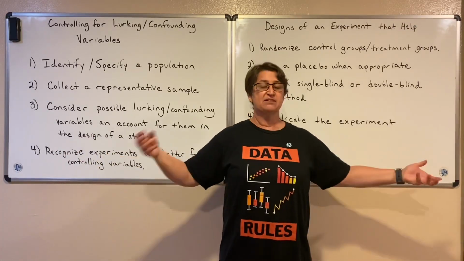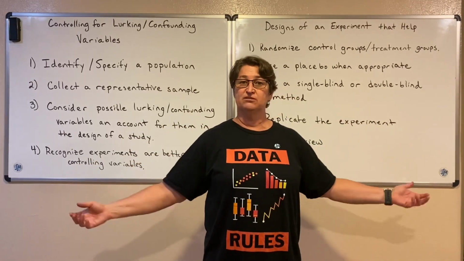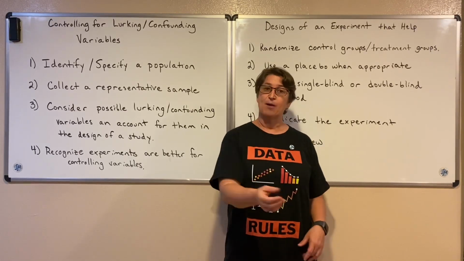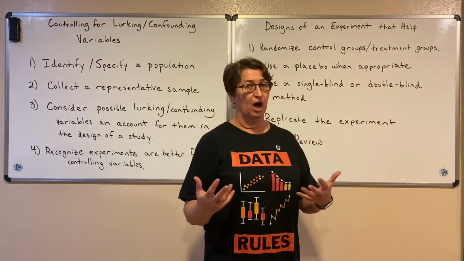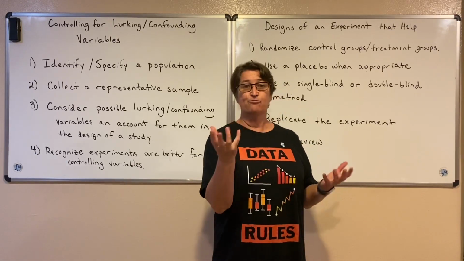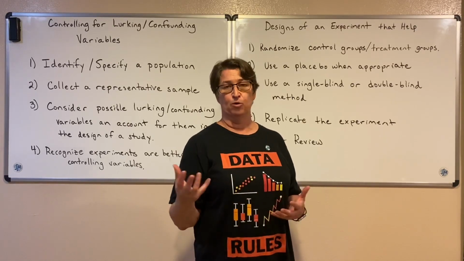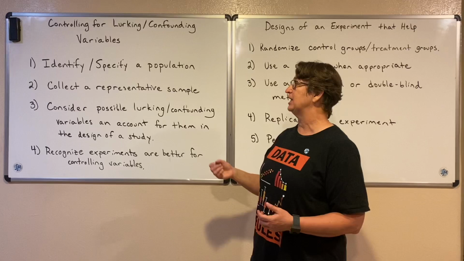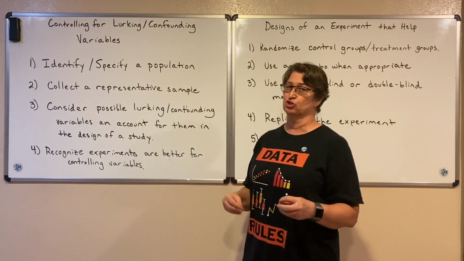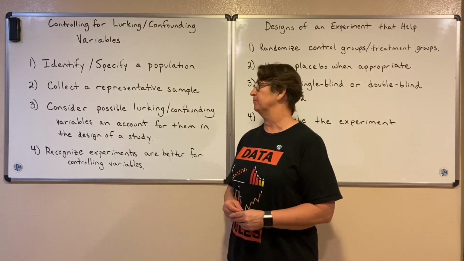We would need to get a sample from lots of different places around the United States if our population was the United States. Now, if our population is just students at Temple College, then collecting data from some of those students would be a representative sample. So we have to make sure we are getting a representative sample. What does our population look like, and are all the parts of our population represented?